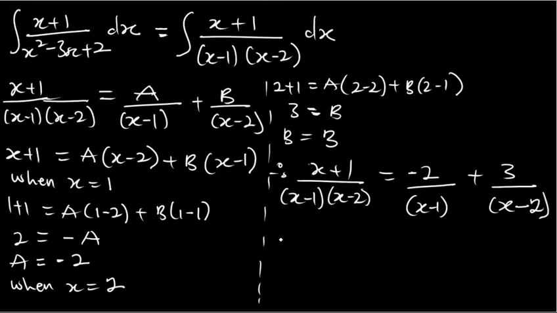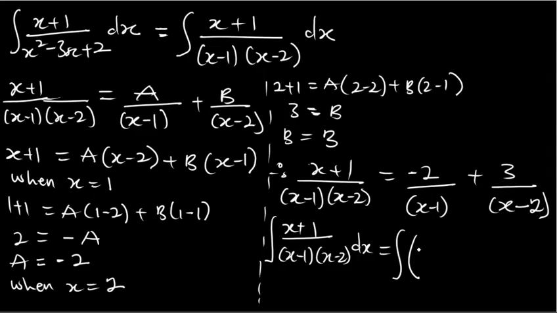Are we okay? So can we say that the integral of x plus 1 on x minus 1, x minus 2 dx is the same as the integral of negative 2 on x minus 1 plus 3 on x minus 2 dx. So we have this, and when you look at this, it is now broken down into simple terms to integrate. So we can continue and solve it very well.